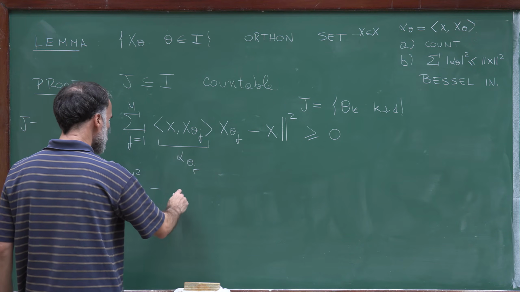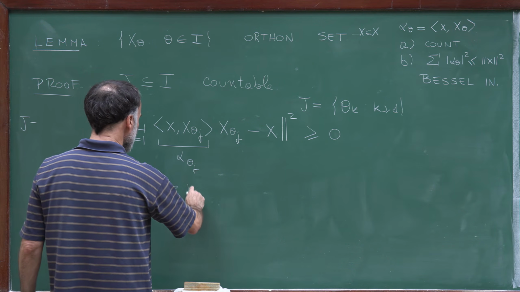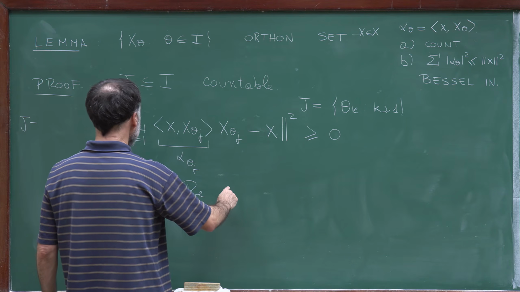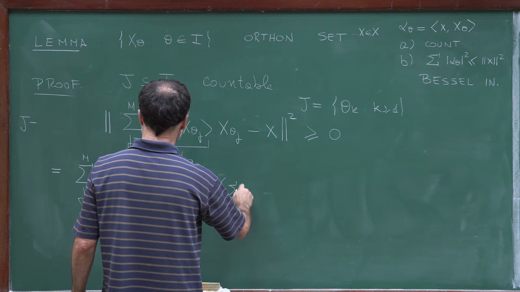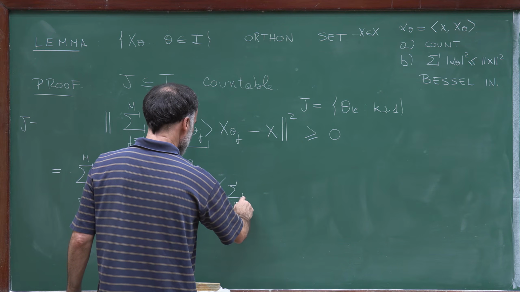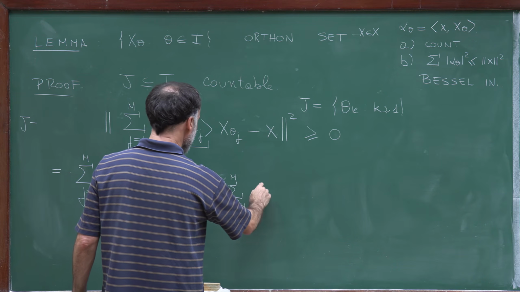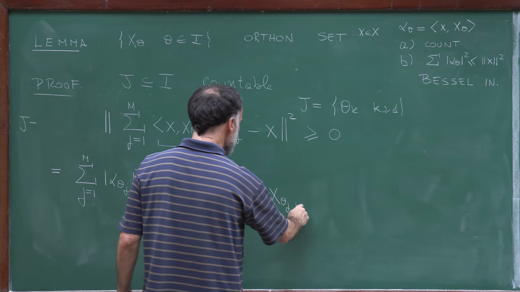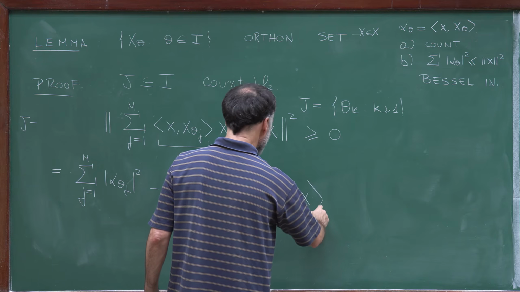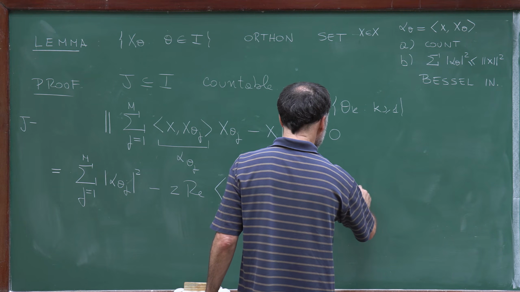Then we have minus 2 times the real part of the sum from 1 to m of alpha theta j times the scalar product of x theta j with x, then plus the norm of x squared.